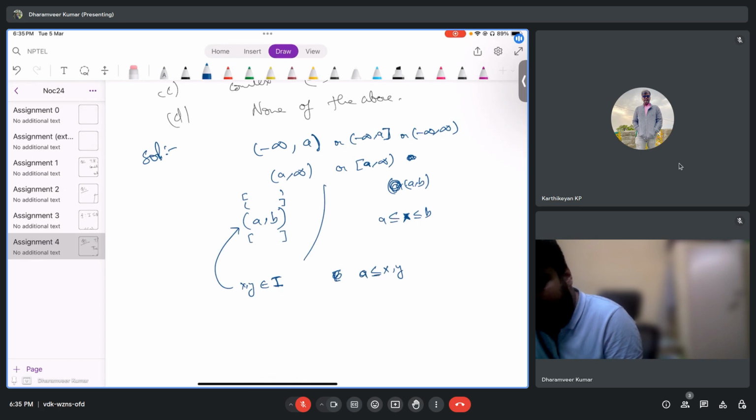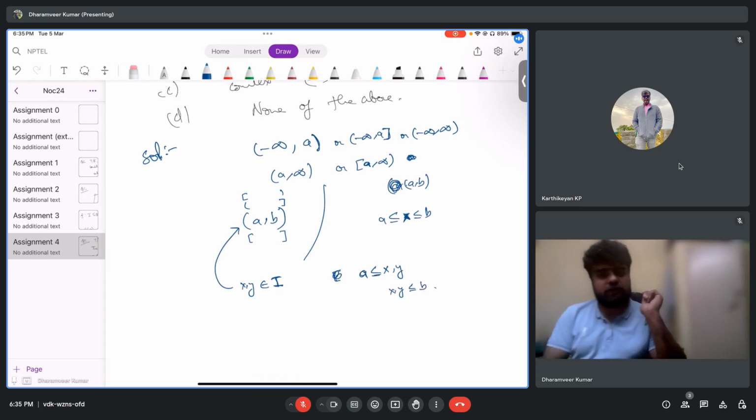There could be non-equality as well in the general case, and x, y could be something like this.